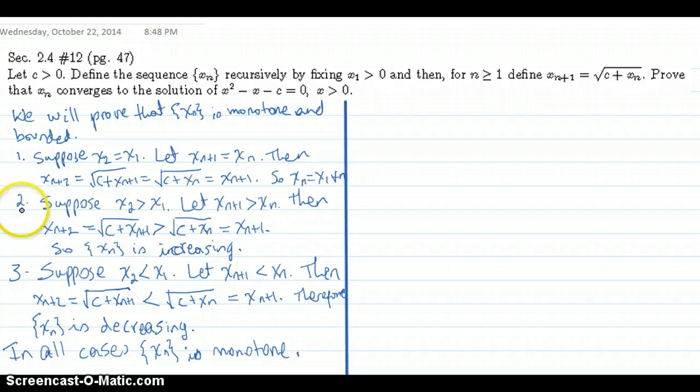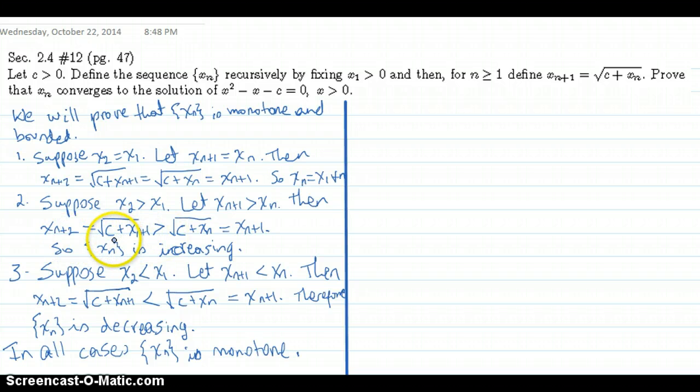Now for the second case, suppose x_2 is greater than x_1, and we'd like to prove that x_{n+1} is greater than x_n for each n. Well, what's x_{n+2}?